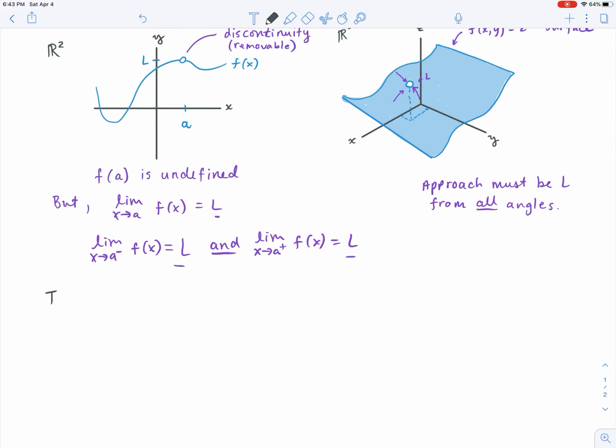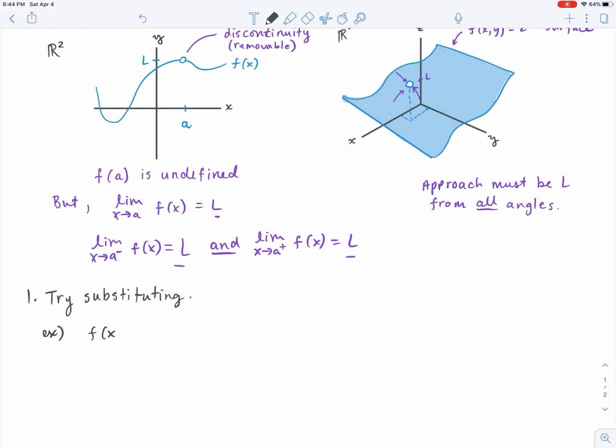But just like in R2, the first thing you do is try substituting. Let's just do a quick one.